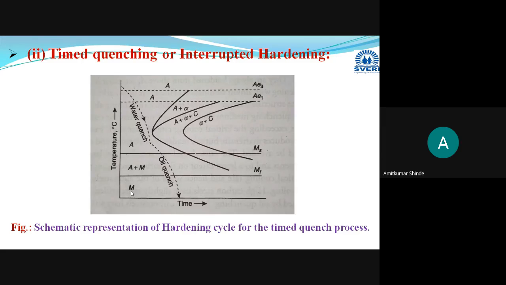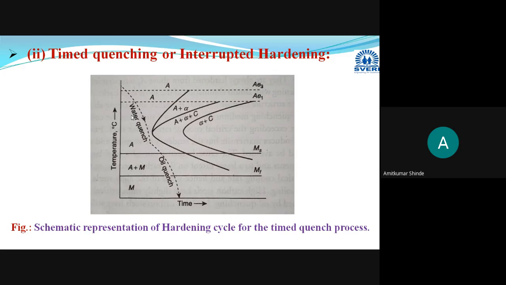It cannot be achieved with the help of water medium also. That's why the low carbon steels are termed as non hardenable steels. Low carbon steels require cooling at a very fast rate, and such mediums are not available, or you cannot do the cooling at that rate with water or brine solution also.